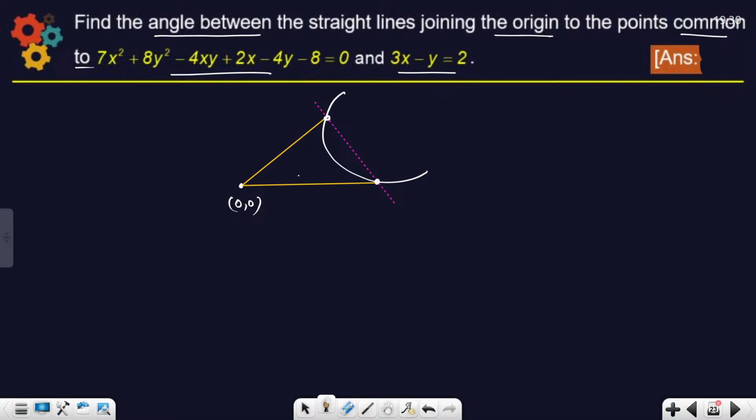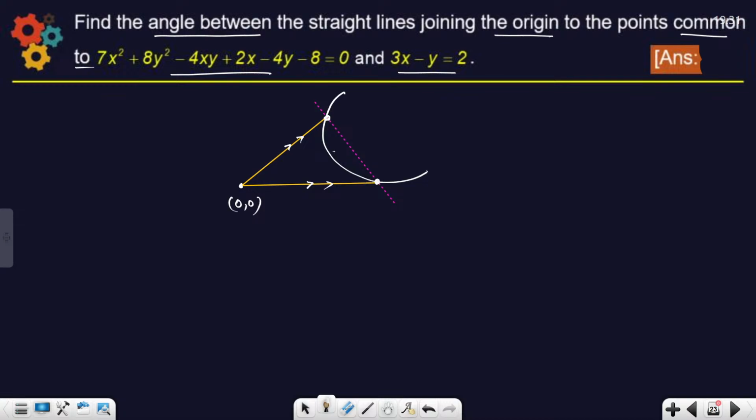That is, to find this equation, these two equations of the lines passing through the origin, you must find the homogeneous equation to find their pair of lines. Yes or no? If I get a homogeneous equation, then we will say that pair of lines will pass through the origin, as well as through these 2 points.